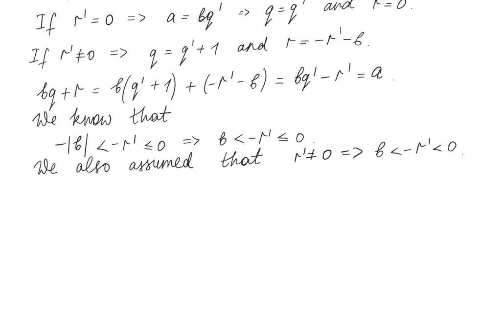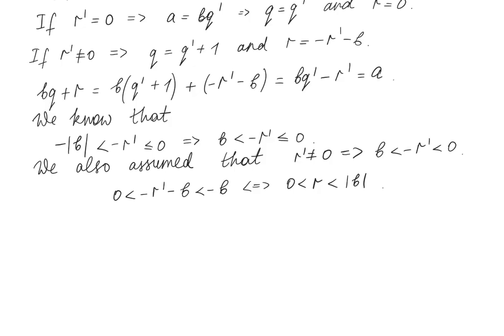Now subtracting b from both sides, we get 0 less than negative r prime minus b less than minus b. Or it is equivalent to saying 0 less than minus r prime minus b, which is r, and then minus b is a positive number and it equals the absolute value of b.